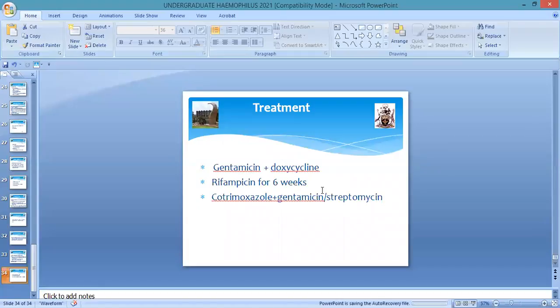Because remember, our interest here is to target the organism which is hidden within the macrophages. So it has to penetrate the macrophages for it to get into the intracellular environment. So you cannot use ceftriaxone.